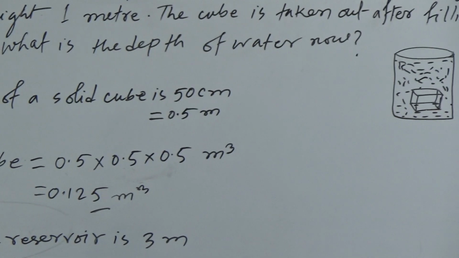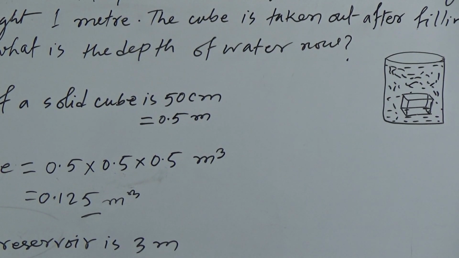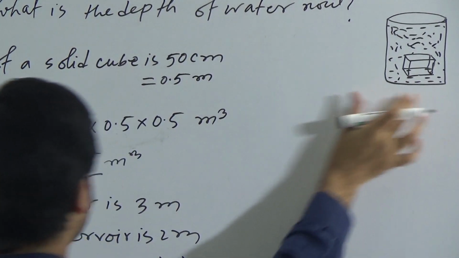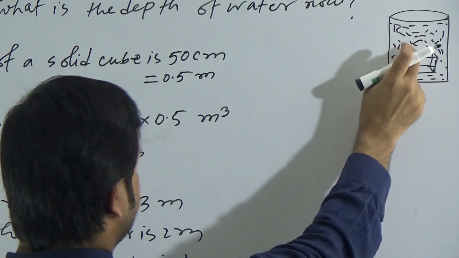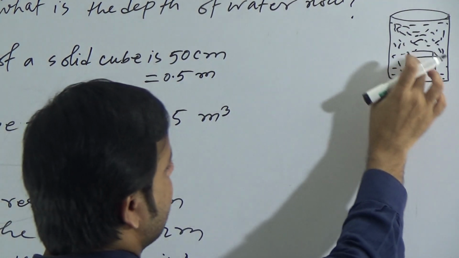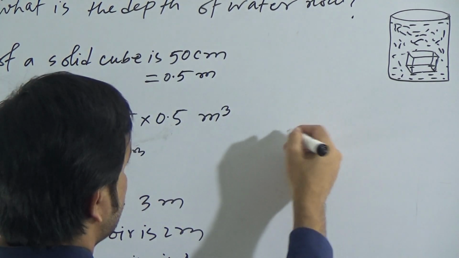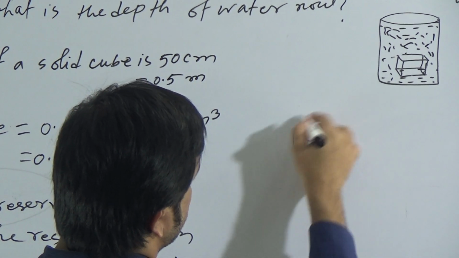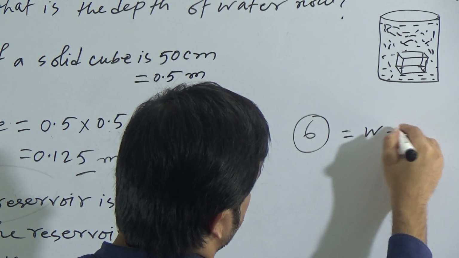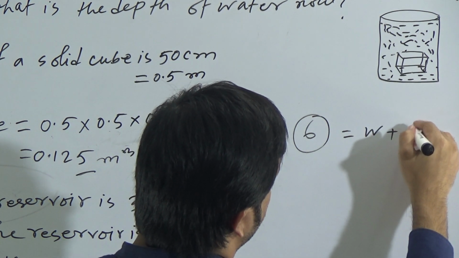0.125 cubic meter. Dear students, the total volume of this reservoir, 6 cubic meter, will be the volume of water and the volume of the cube.